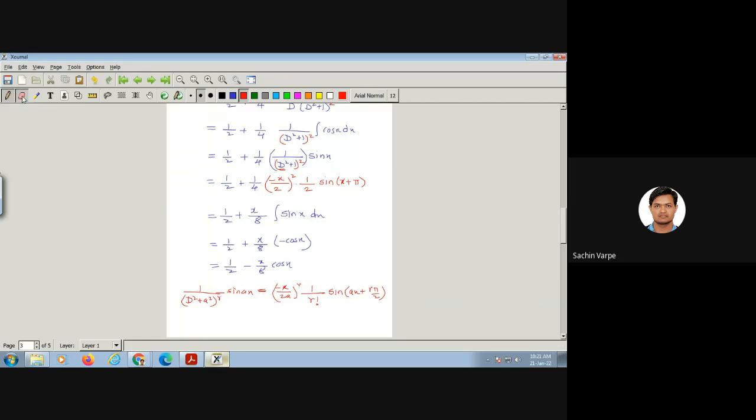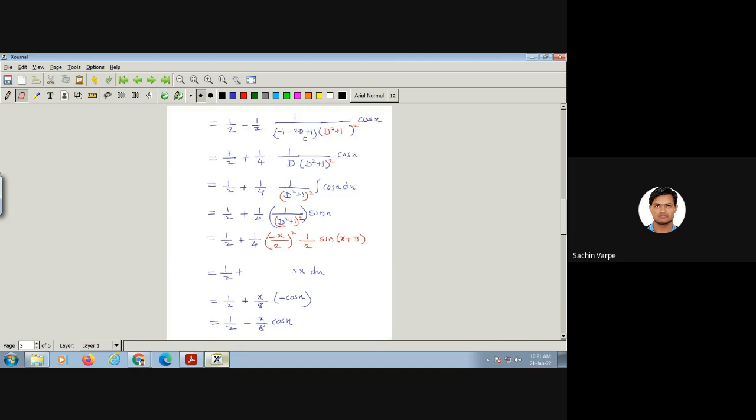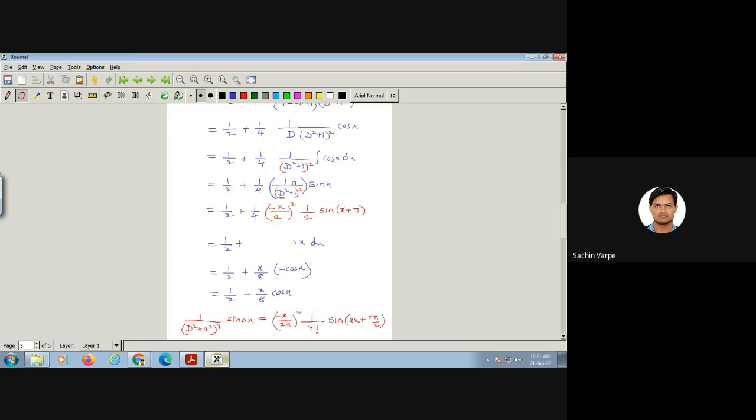Let's check it now. ये 1/4 तो correct है ना? हाँ, yes, 1/4 is there.